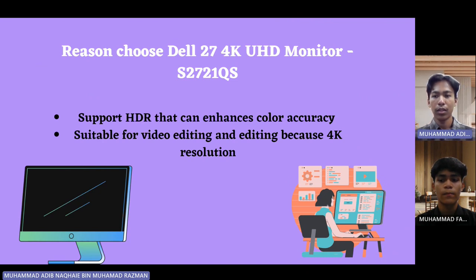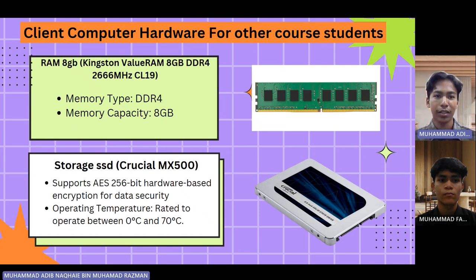For DCD students who do a lot of editing, they need the accuracy of the color for their assignments. So it is important for them to have accurate color, and it is also stable for video editing because of the 4K resolution of the monitor. Next, I pass to Fakhrul.